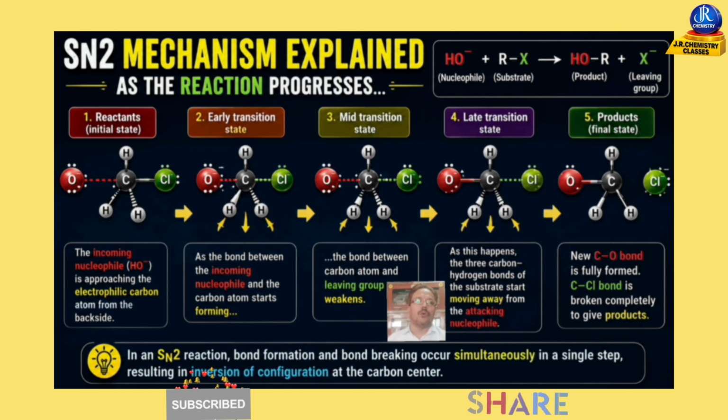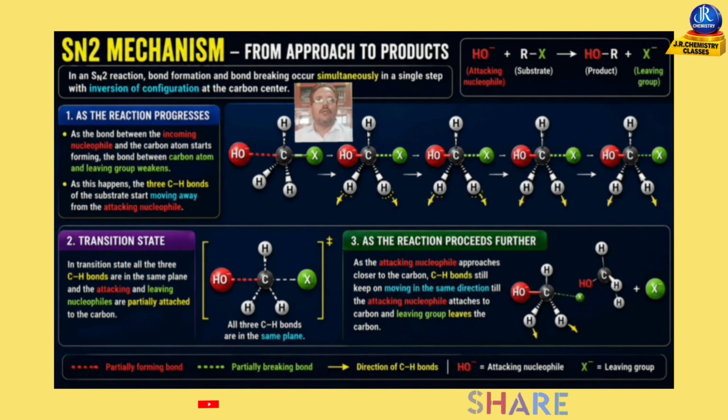As the reaction progresses and the bond between the incoming nucleophile and the carbon atom starts forming, the bond between the carbon atom and the leaving group weakens. As this happens, the three carbon hydrogen bonds of the substrate start moving away from the attacking nucleophile.